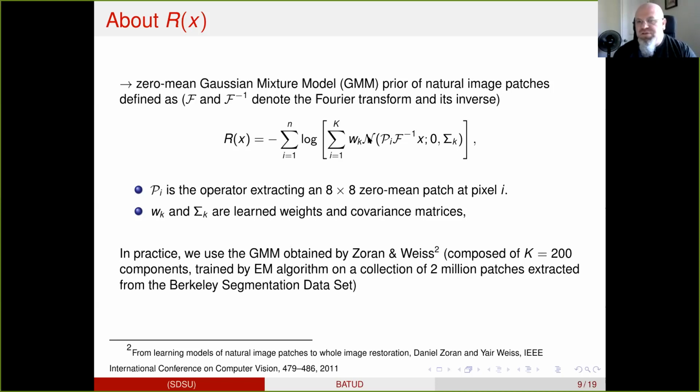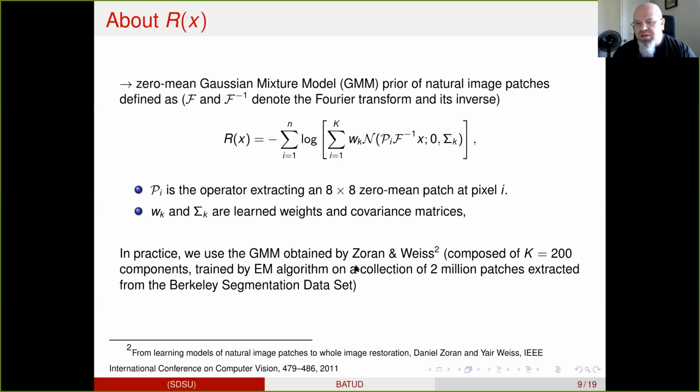N is just a normal, so a Gaussian, of this quantity, zero mean, and sigma is the variance, the covariance. And there are some weights here, and those weights are learned from a collection of 2 million patches that were coming from the Berkeley segmentation datasets.